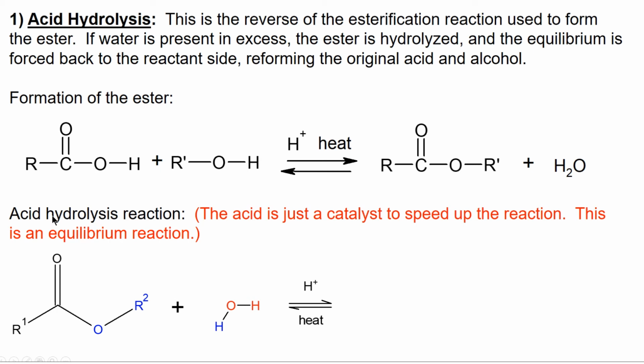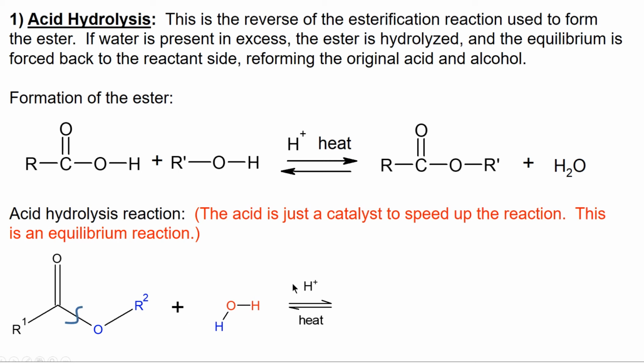Okay, so acid hydrolysis. Lysis means break. Hydro means water. We're going to break something with water in the presence of acid. So here's our ester. We have our water. The bond that we're going to break is the same bond that we broke with the carboxylic acid, which is right here. So break that apart.